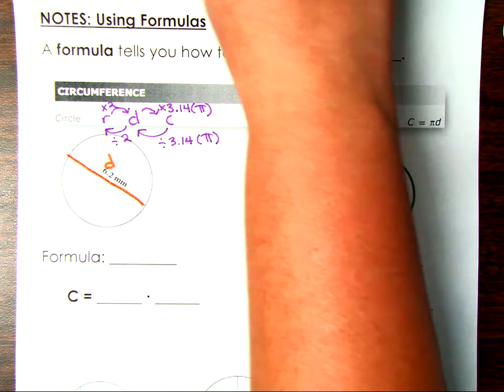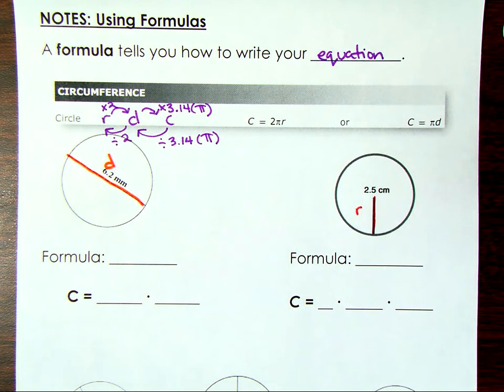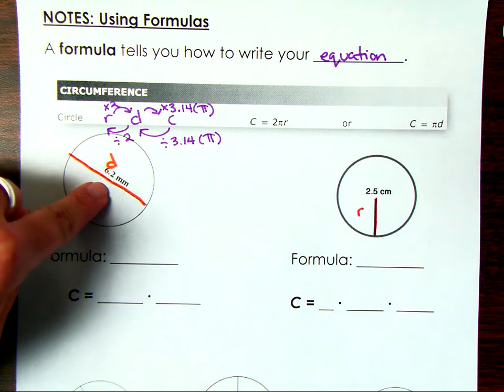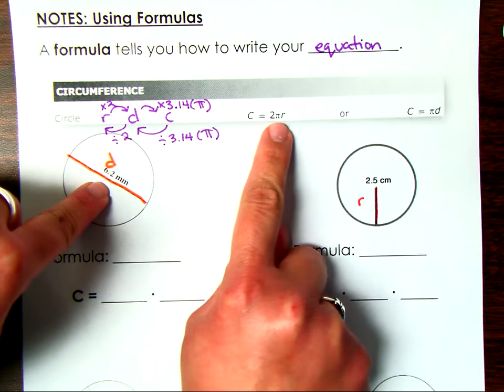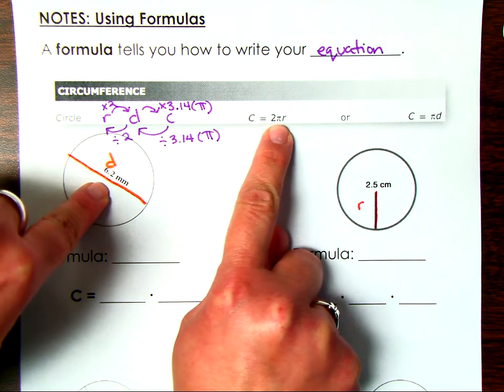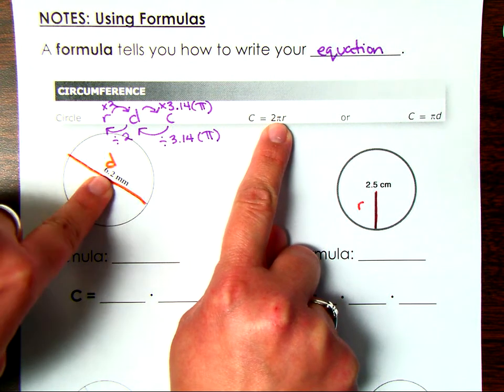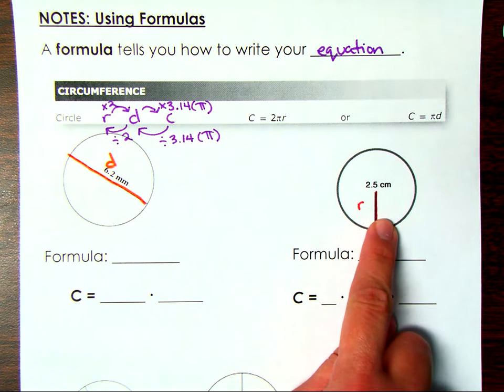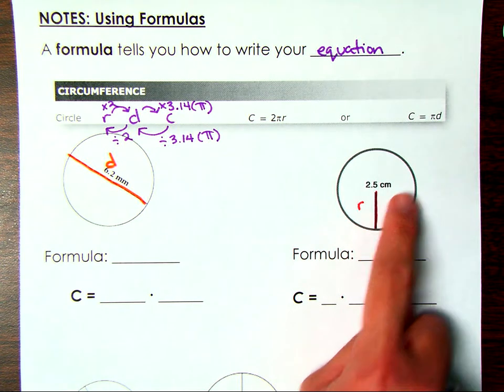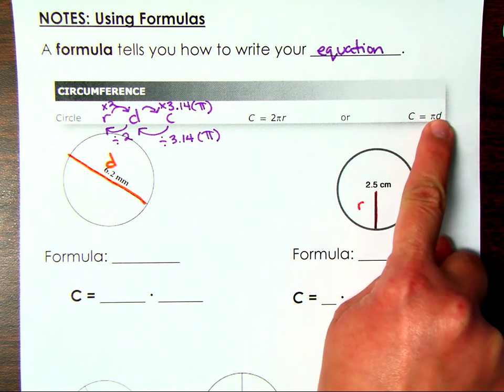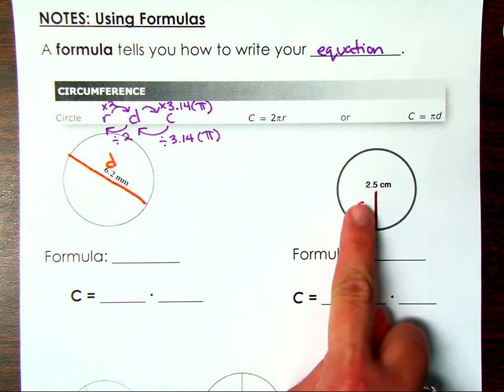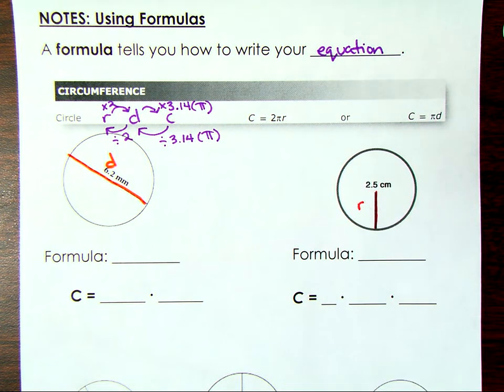That's how some of these problems trick you, because if you use this number, 6.2, with this formula, that could be a trick answer, because this is the formula we use for radius and this is the diameter. Same thing with this. If you did your math right, but you used this formula, that's where you're going to fall for a trick answer, because that's not the diameter, that's the radius.